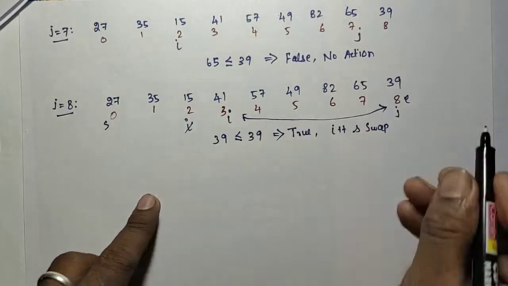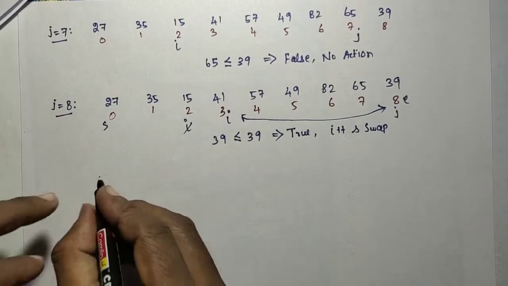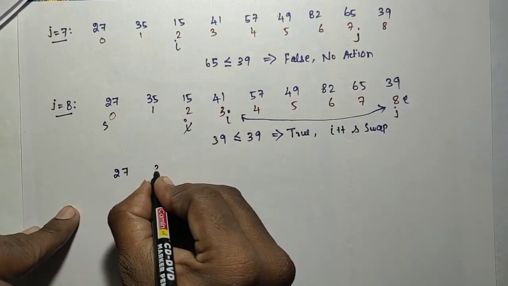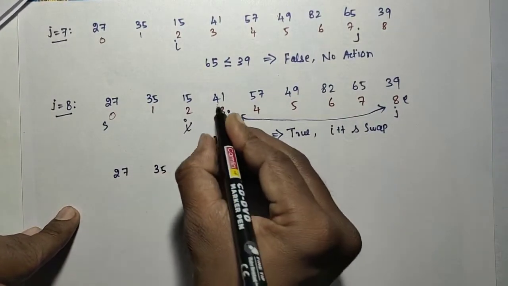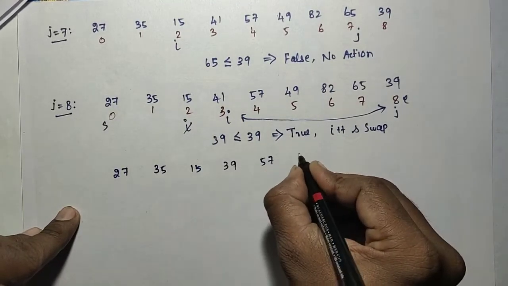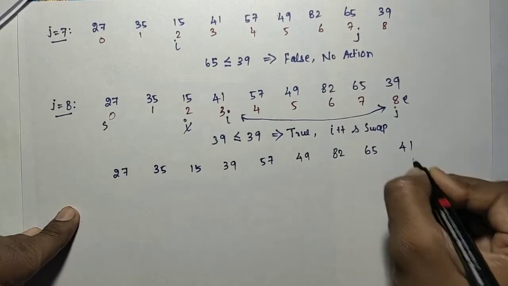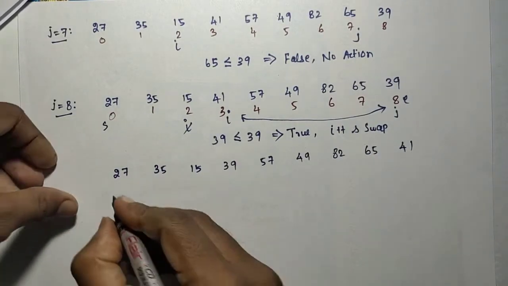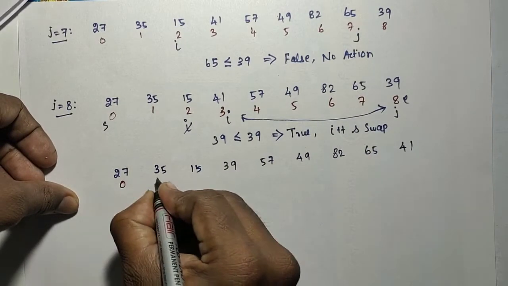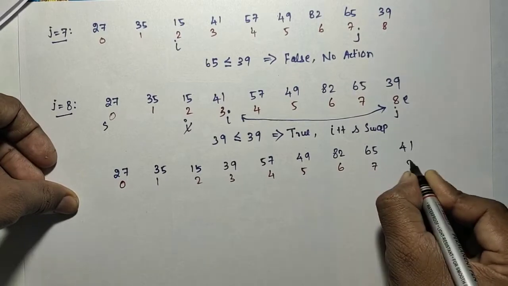The ith element and jth element get swapped. So the content is now 27, 35 and 15. In this place 39 and 57 and 49, 82, 65. In this place 41. So the index will be 0, 1, 2, 3, 4, 5, 6, 7 and 8.